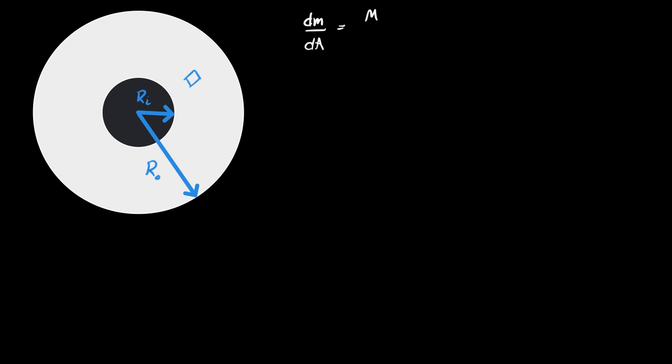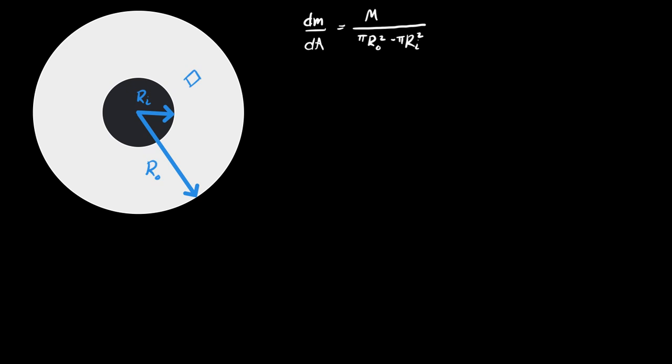So I would have to set up the mass to area ratio to be pi r outer squared minus pi r inner squared as the surface area of the disk. If you just divided by pi r squared, that would be a problem because that wouldn't be the total surface area. Now, that's the start.